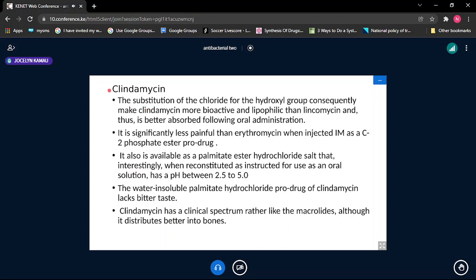So the result is what we are calling clindamycin palmitate ester hydrochloride. So it is a palmitic ester, but it's also a hydrochloric acid salt.